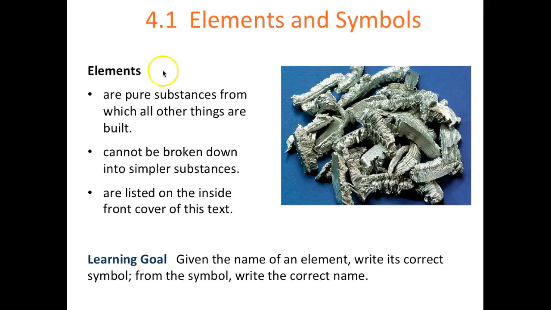You get down to the level of the element and it cannot be broken down any further. They were the building blocks of all matter. However, now we can break down an element, we can get to the atomic level and now further down into the subatomic level, all right?